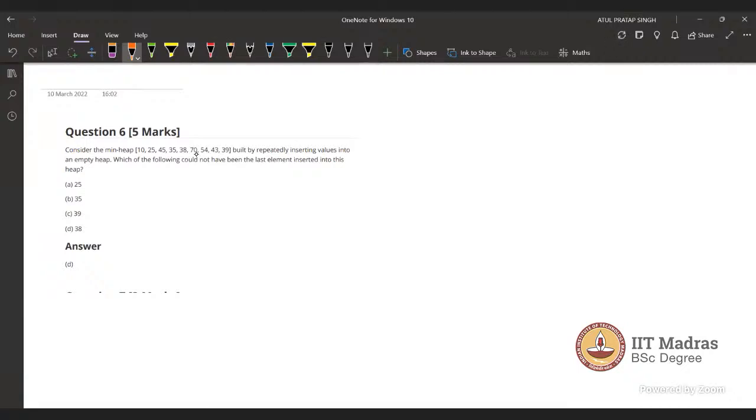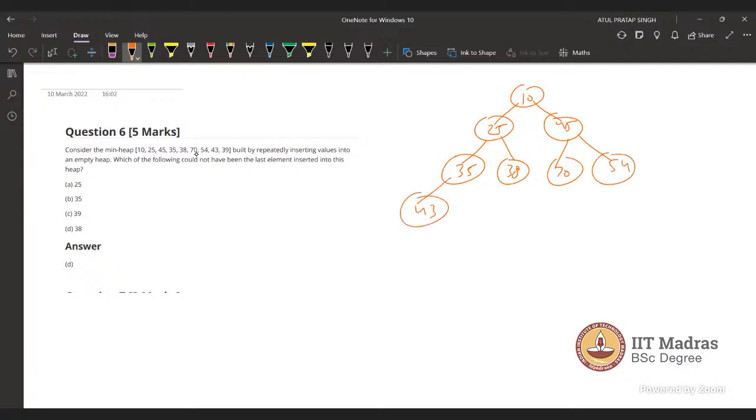So this is the min heap given: 10, then 25 and 45, then 35 and 38 and 70, 54, 43 and 39.